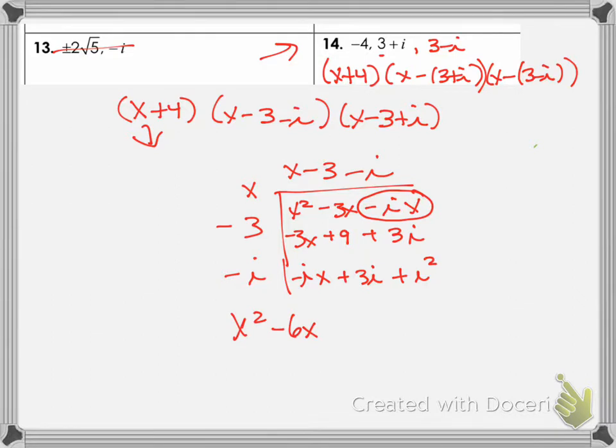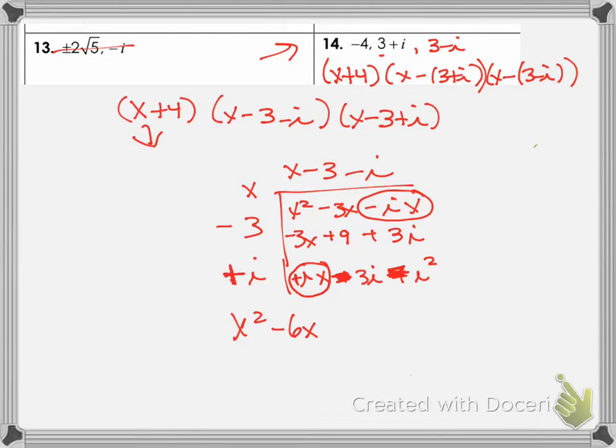Oh, I have a minus ix and a minus ix, which I wrote wrong. This is supposed to be plus i. Good Lord. So plus ix here. This would be minus 3i, and then this would be minus i squared. Sorry, guys. Because I know they have to go away, so I knew I did something wrong. So I had forgotten that that's a plus.